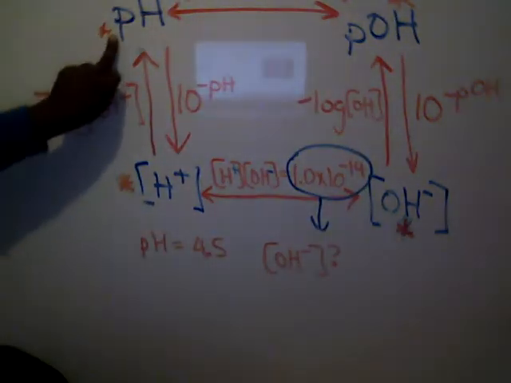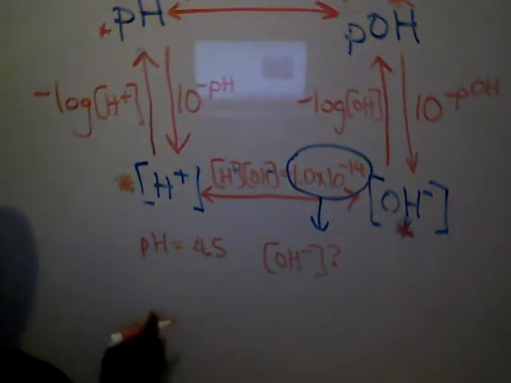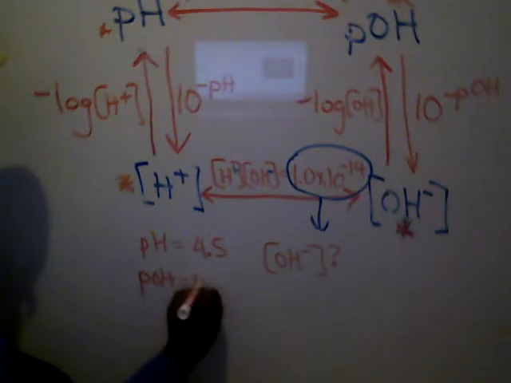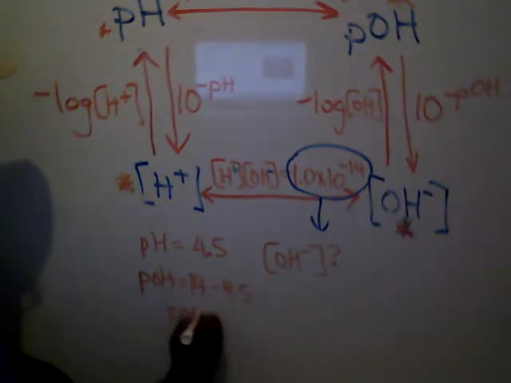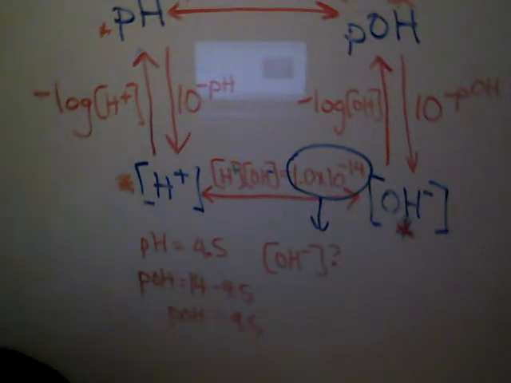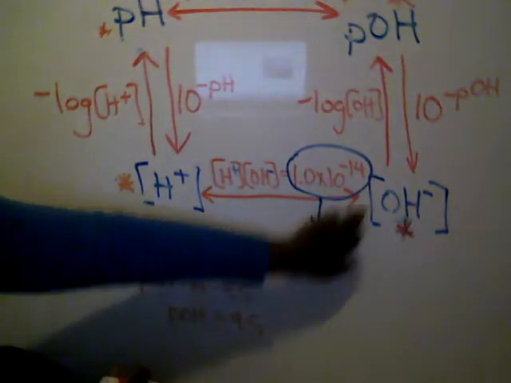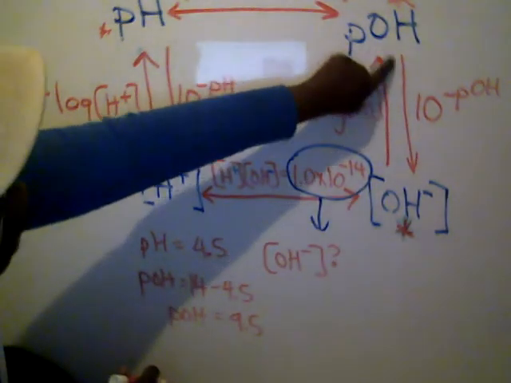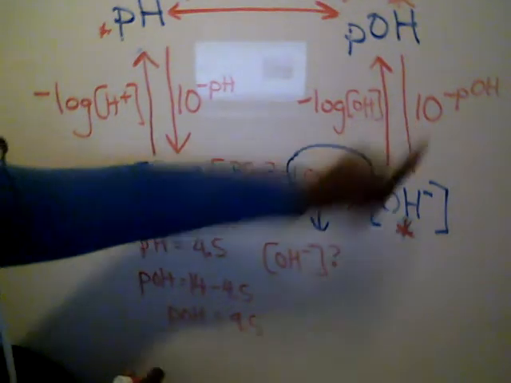So first, to go from pH to pOH, we just need to subtract from 14. So if the pH is 4.5, that means the pOH is going to be 14 minus 4.5, which means the pOH is going to be 9.5. So now we've gone from pH to pOH. Now we can go into hydroxides. Well, if we want to go from pOH to hydroxides, we just need to do 10 to the negative pOH.